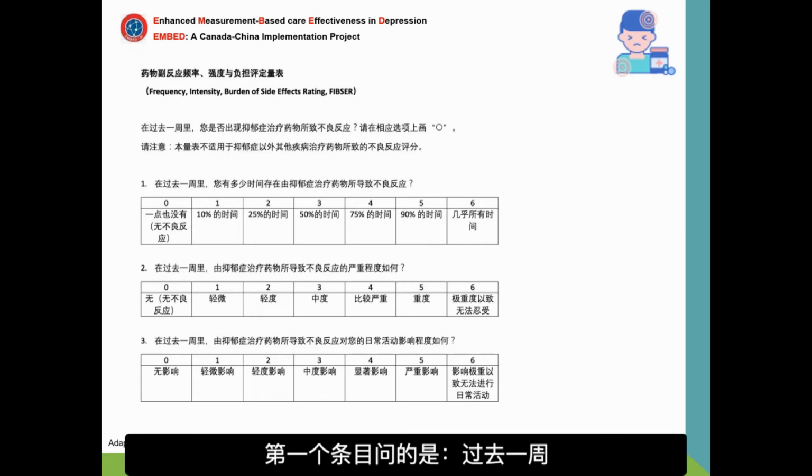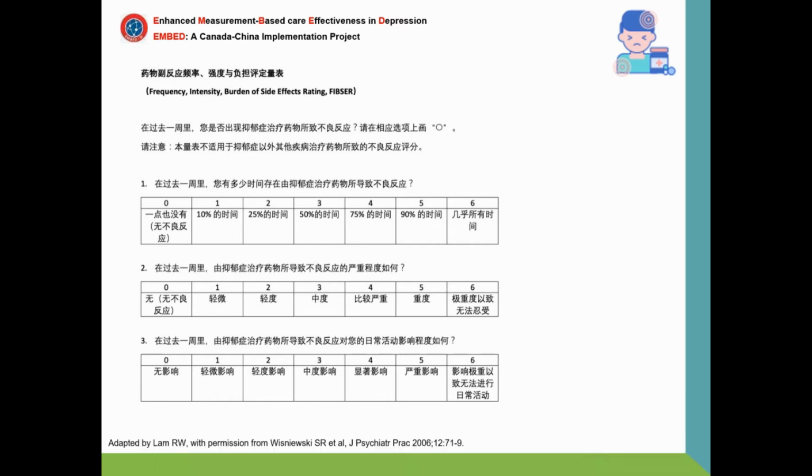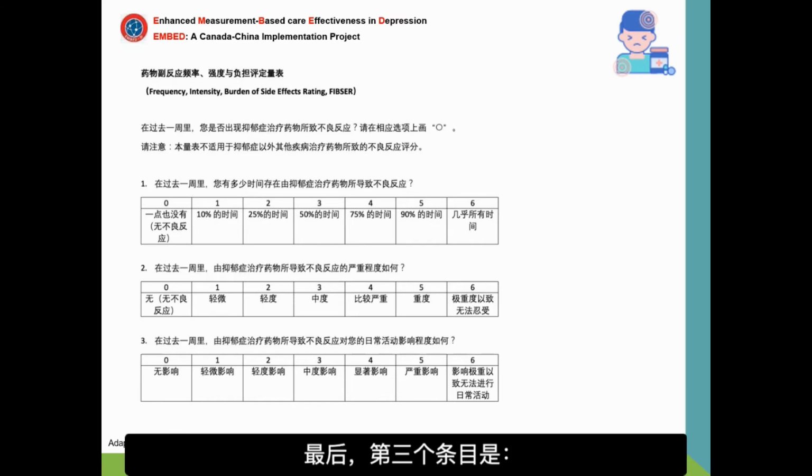The first item asks how much of the time they experienced side effects in the past week. That's the frequency. The second item, in the past week, how severe were the side effects? That measures the intensity of the side effects. And then finally, the third item is how much have the side effects interfered with your day-to-day activities? That's the burden of side effects rating.